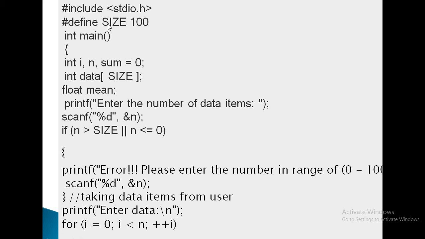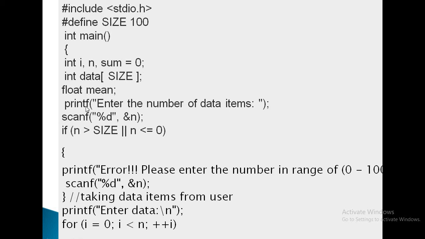Using a define in the header, we are fixing the array size as 100. Here we are taking the input as an integer. The variables are i, n, and sum equal to 0. Here the int data array size is already defined. And then float mean: another variable whose data type is float is mean.